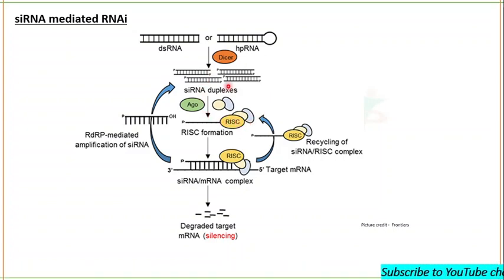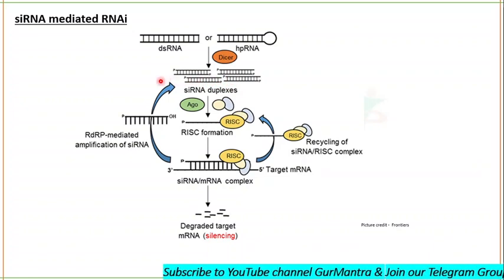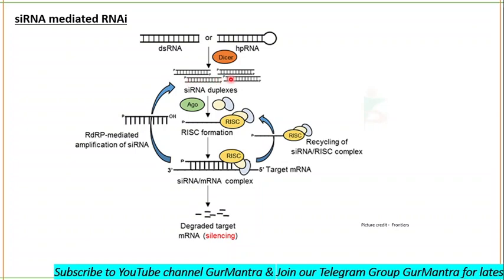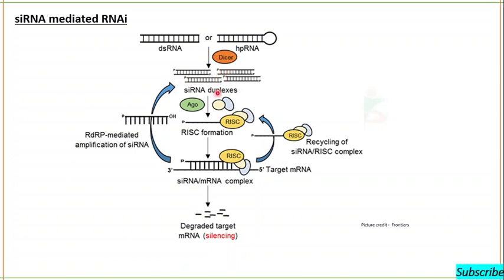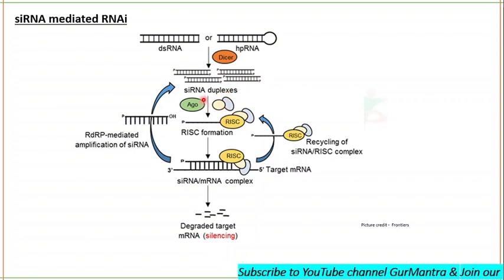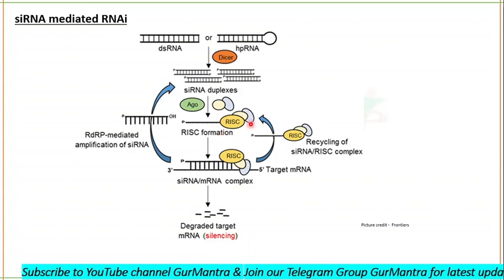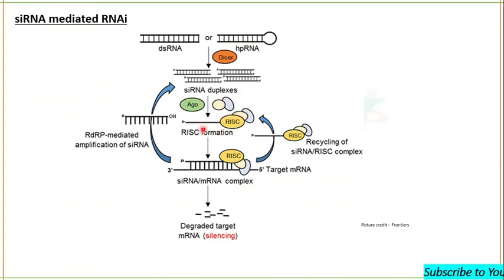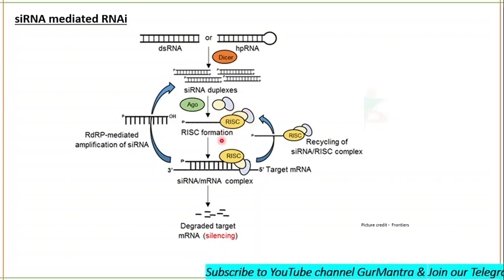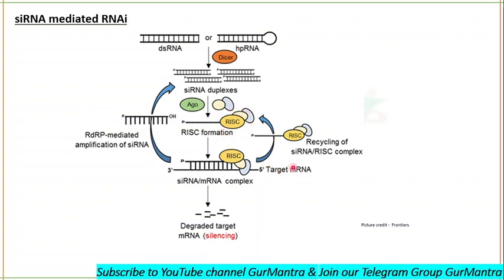Then the bond between the double strands is broken and one guide strand and one passenger strand are formed. The passenger strand will be degraded during RISC activation, and the guide strand guides the RISC complex to the targeted mRNA. The RISC complex has an endonuclease and the important Argonaute protein.